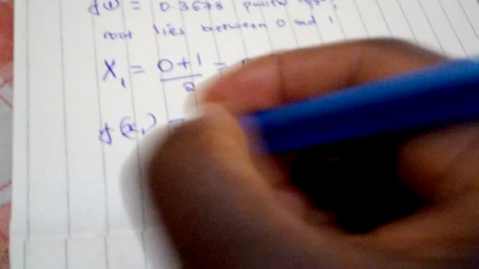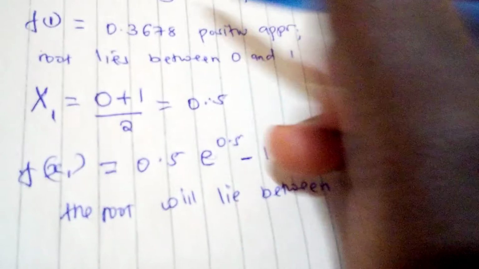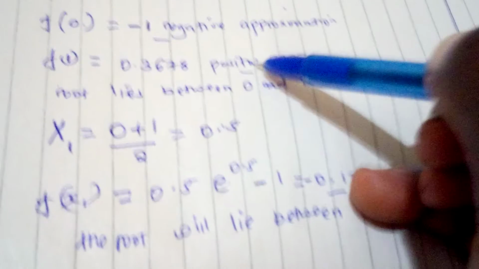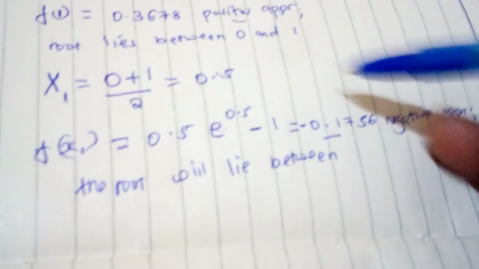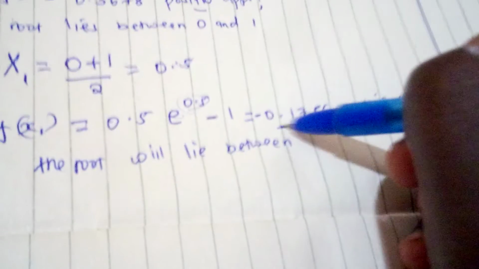So we have the next root will lie between... this is negative, and in the first one we had negative and positive. Our root will always lie between a negative and a positive. And because our successive approximation here is negative, it means 0.5 is a negative root.